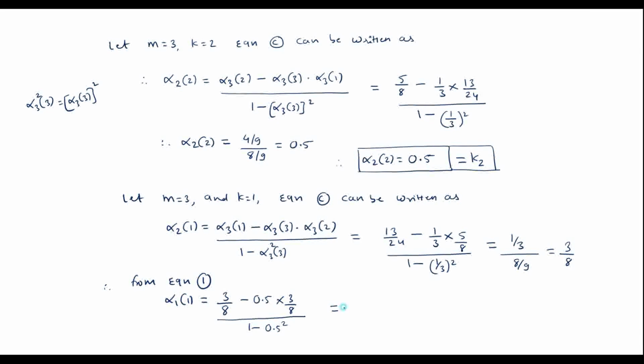So simplifying this, we'll get 0.25. So alpha 1 of 1 is nothing but k1. So therefore I can write alpha 1 of 1 is nothing but k1, which is equal to 1 by 4, that is 0.25.